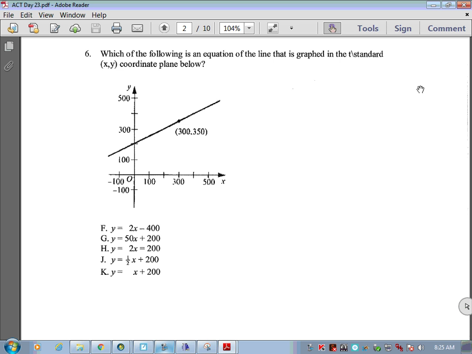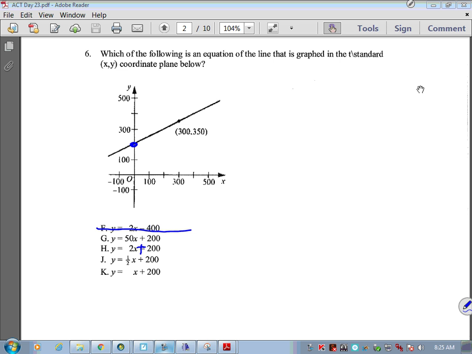All right, so the first thing I'm going to notice whenever I'm looking at a line is I want to look and see where the y-intercept is. Notice that the y-intercept there between 100 and 300 has to be 200. So I know I can get rid of F, right? And in fact, H is already out, and that probably should be a plus. It's just a typo.